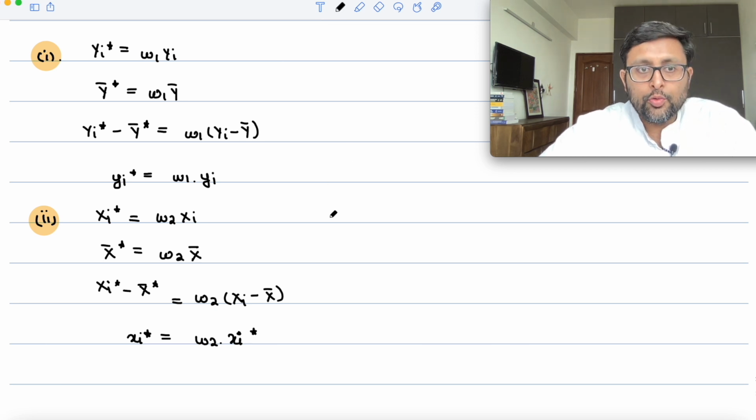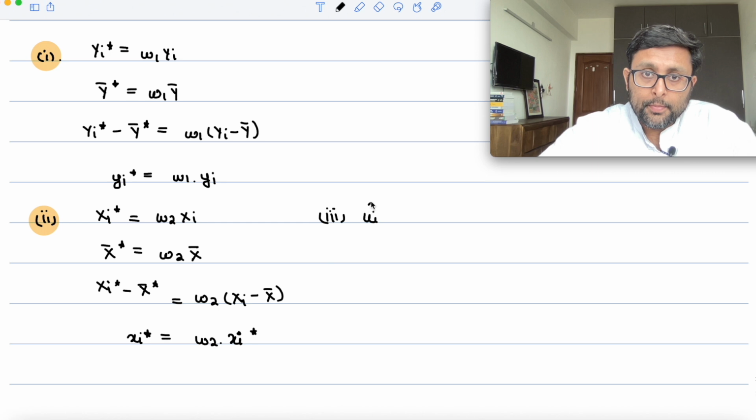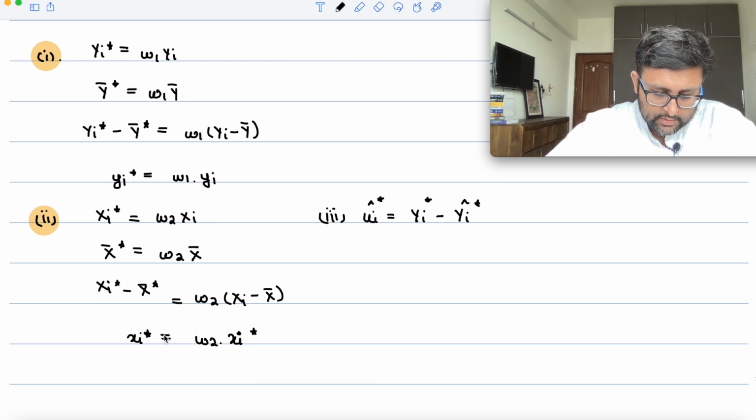Okay. Ui hat star. Ui hat would be yi minus yi hat. Ui hat star would be yi star minus yi hat star. How about that? Okay.